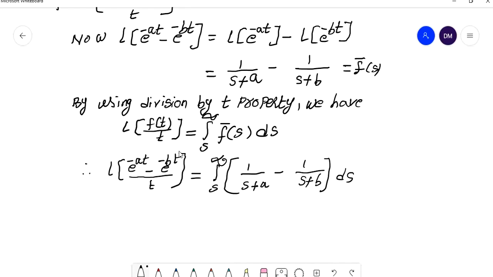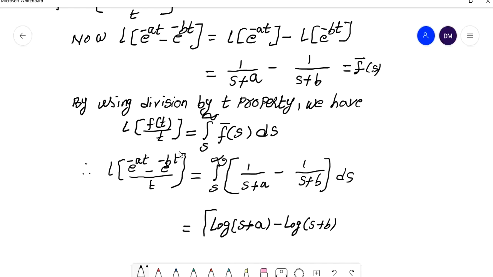So this is in the form of integral 1 by x. What is the integration of 1 by x? Log x. So here log of s plus a, minus, this is also in the form of integral 1 by x, so the integration of 1 by s plus b is log of s plus b.